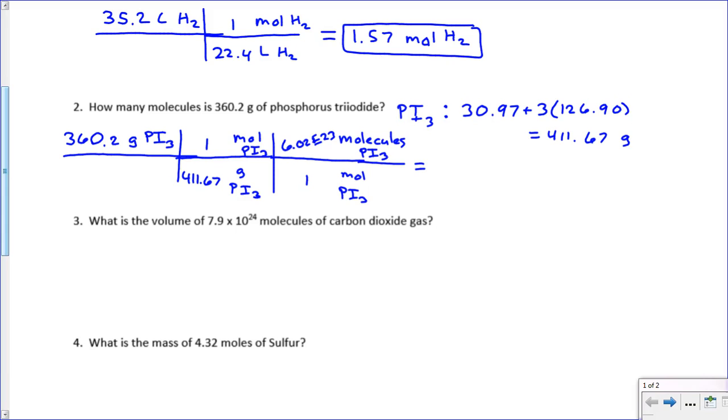We've got 5 sig figs in the molar mass conversion factor there, but we've got just 3 sig figs in that 6.02 times 10 to the 23rd. So we have to round our answer to 3 sig figs. That ends up giving us 5.27 times 10 to the 23rd molecules of PI3.